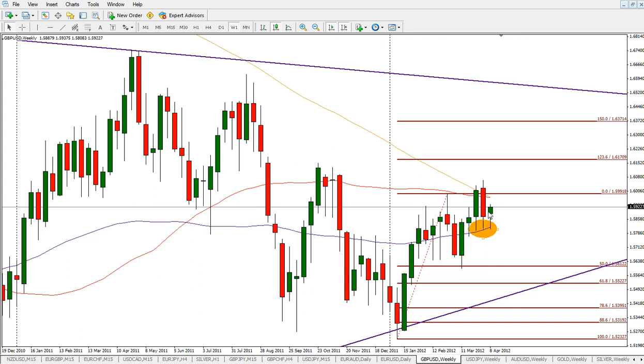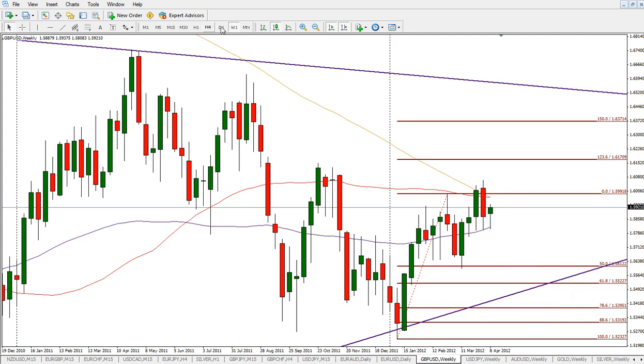This week's candle is pretty much a hammer candle, already forming, so it'll be interesting to see how this candle closes. But you have to say the odds are still to the upside on cable, very bullish. In terms of the weekly, it's all about these two moving averages here around the 1.5973 level.